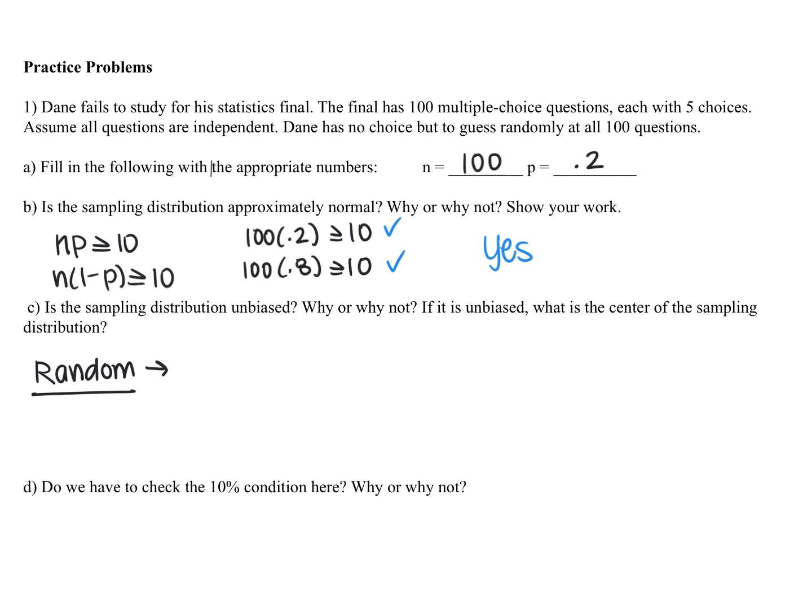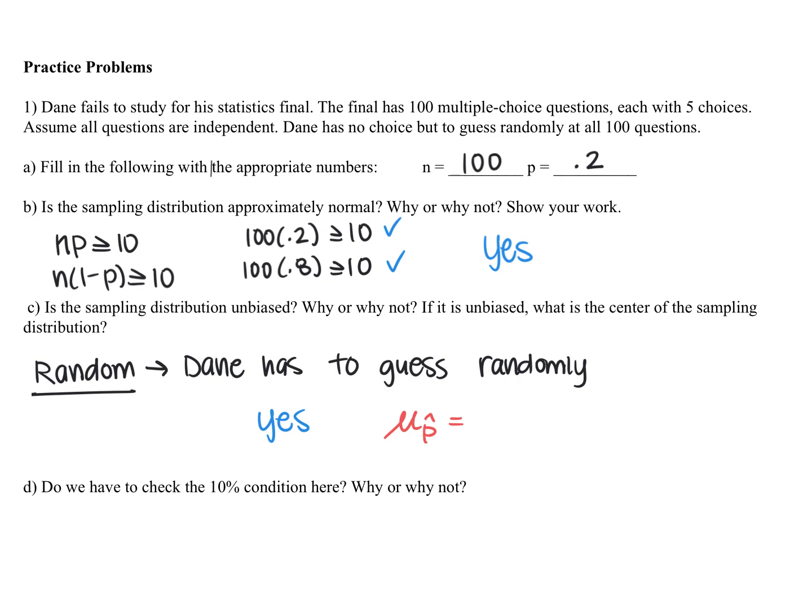And because it says that Dane has to guess randomly, we know the answer to this question is yes as well. So that tells me that the center, my mu sub p hat, is equal to my parameter, which is 0.2.